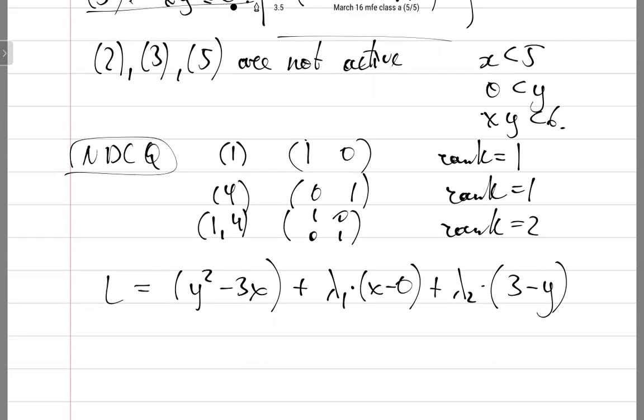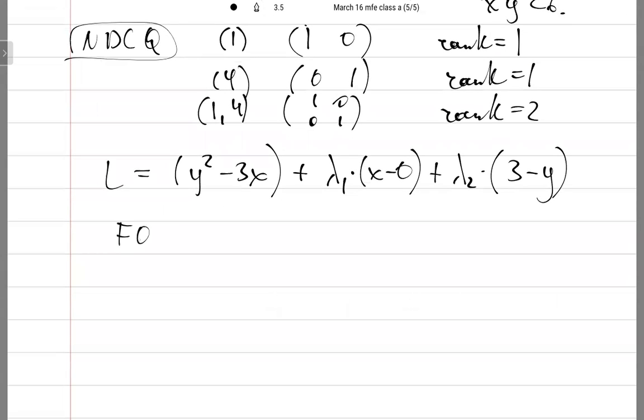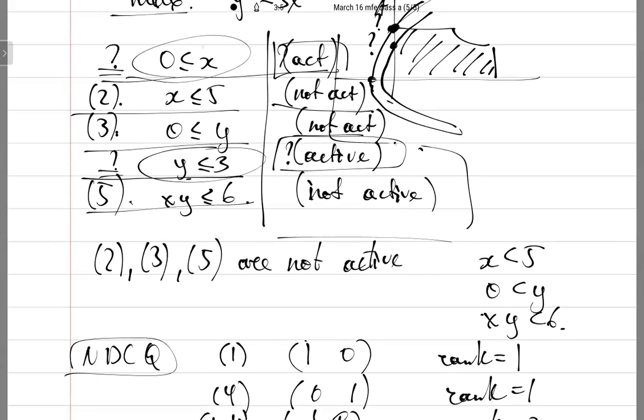I have created a Lagrangian function with only 2 constraints, because for the other 3 constraints, I know that they are not active. And then I go on with first order conditions. So I have left only 2 constraints. Inactive constraints, I have thrown them basically out.